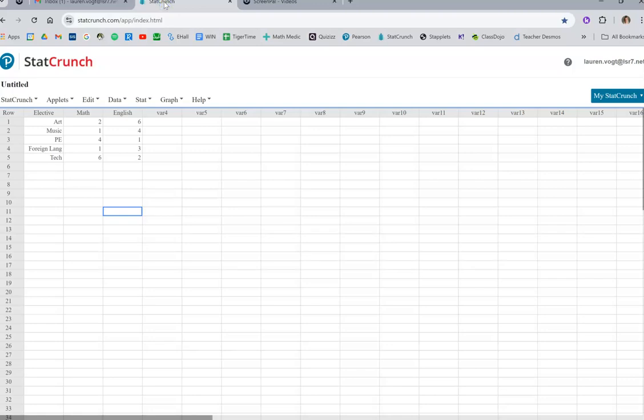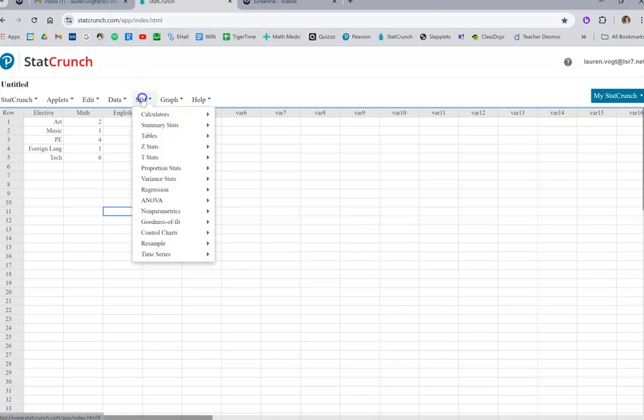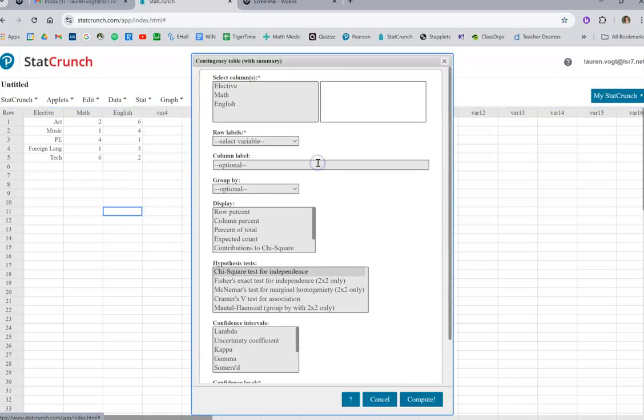So here is StatCrunch. I entered in our data here that we did for this whole example. If you want to find a contingency table for this one, you can hit Stat, and then you're going to go to Tables, and then Contingency, and then With Summary. Then you're going to select your columns.